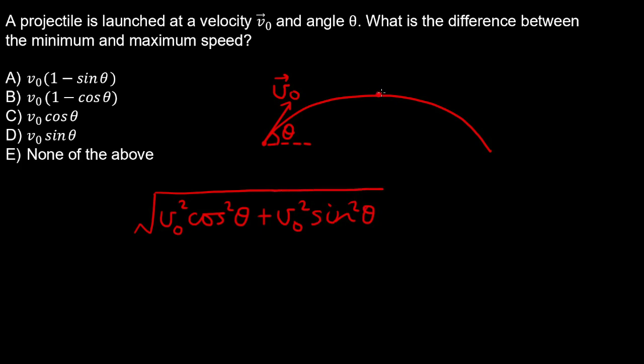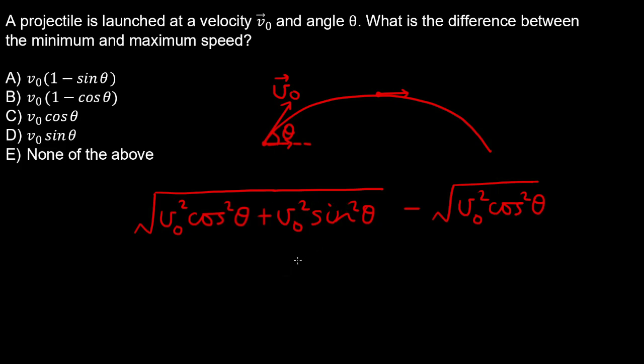And the velocity is the smallest at the top of the trajectory, as it only has the horizontal component, and the magnitude is the square root of v0 squared cosine squared theta. So the horizontal component remains constant throughout the flight of the projectile, assuming no air resistance.